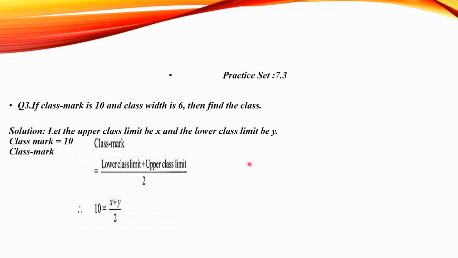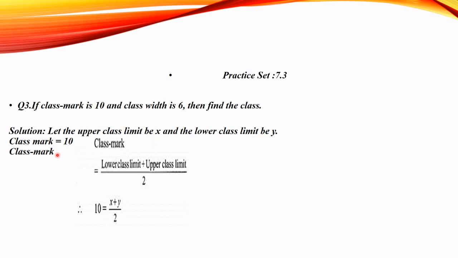Practice set 7.3, question number 3 onwards. Here the question is, if the class mark is 10 and the class width is 6, then find the class. Let the upper class limit be x and the lower class limit be y. It is given that the class mark is equal to 10.